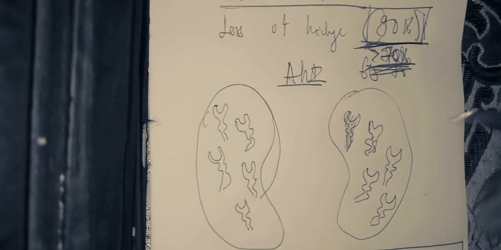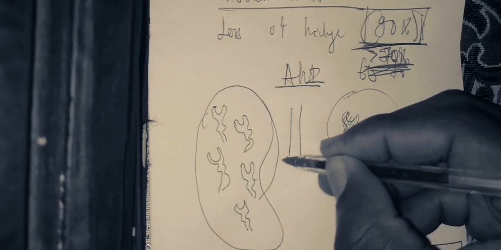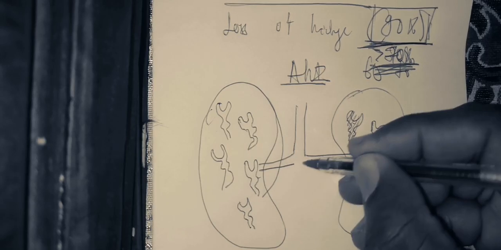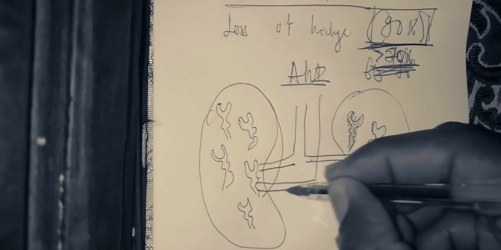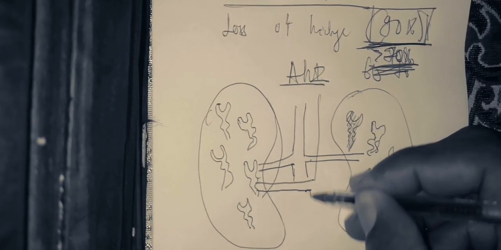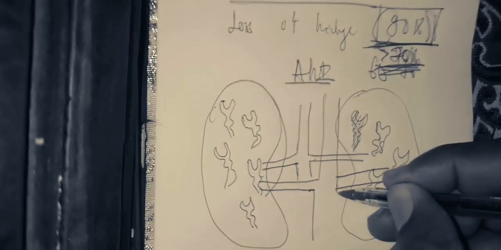At the beginning, both of the kidneys were receiving perfusion from the aorta and having the venous return from the vena cava.